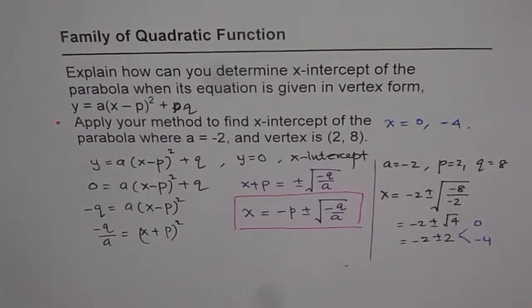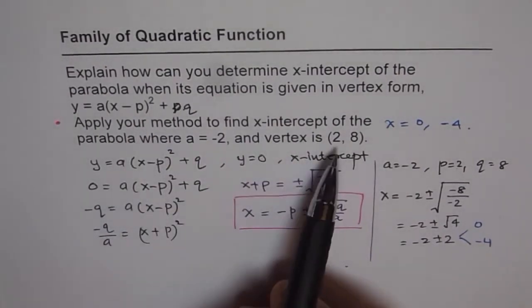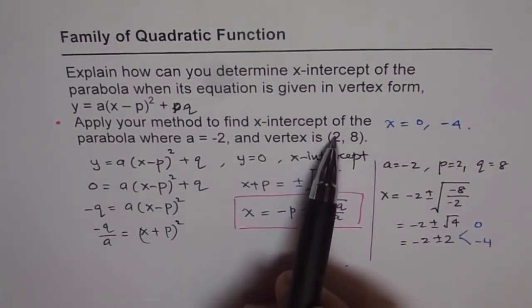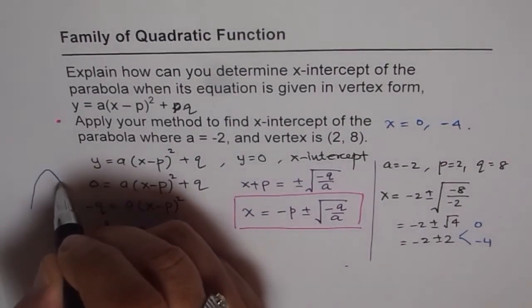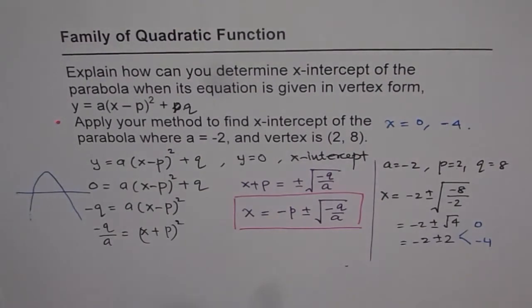So that is how we can find the x-intercept of a function when it is given in vertex form. Now, when you observe this function, you can say there will be two x-intercepts. Since a is negative, the parabola is opening downwards, and the vertex is at a positive value, right? So the parabola opens downwards and should have two intercepts.